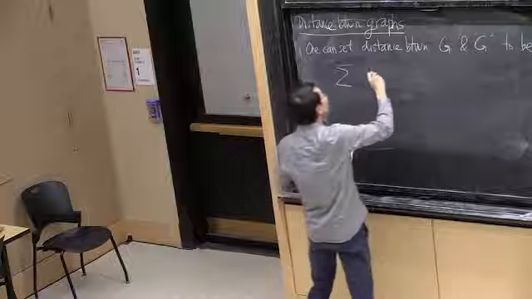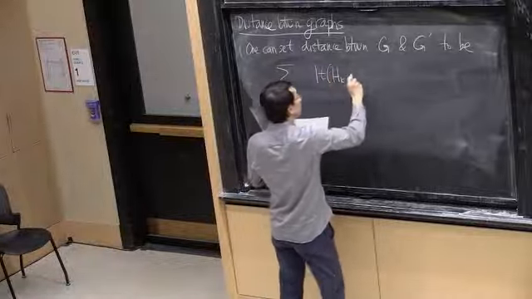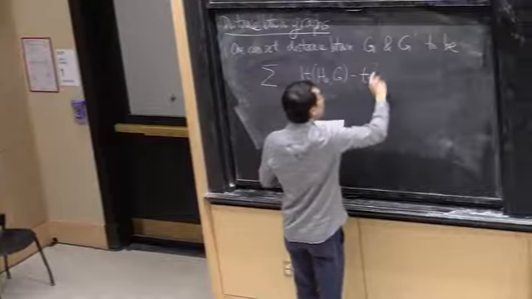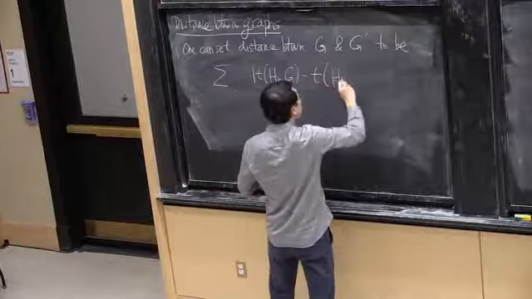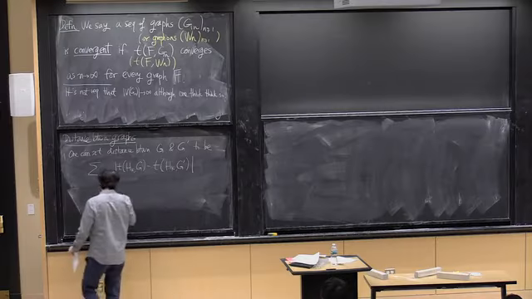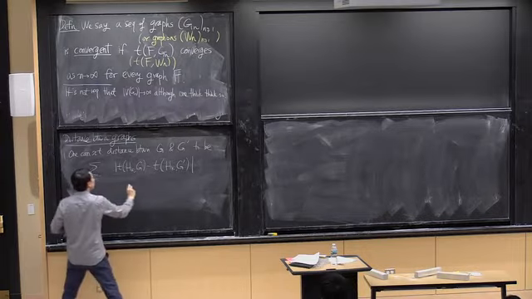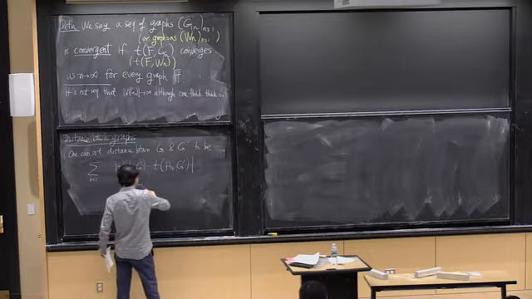So I can sum up all the homomorphism densities and look at their differences between G and G prime, and I simply enumerate the list of all possible graphs.